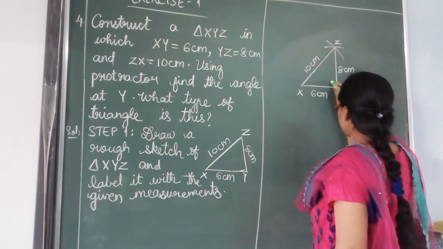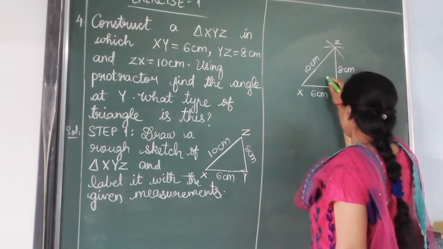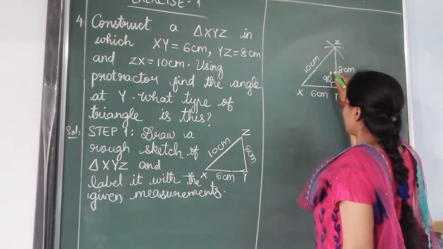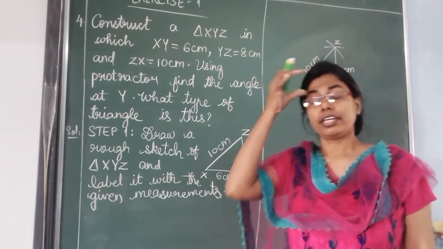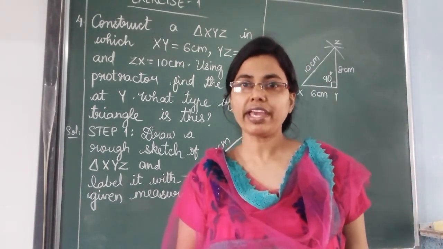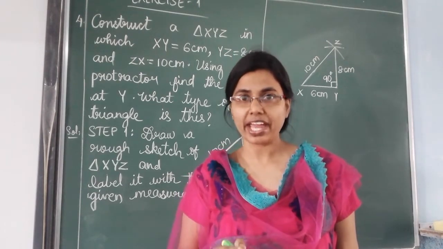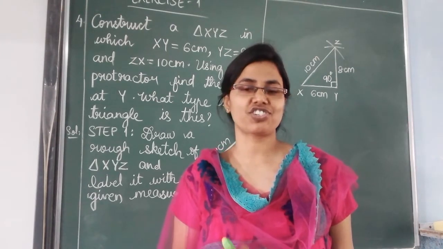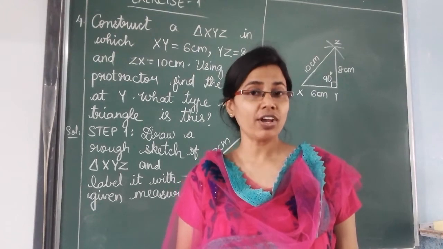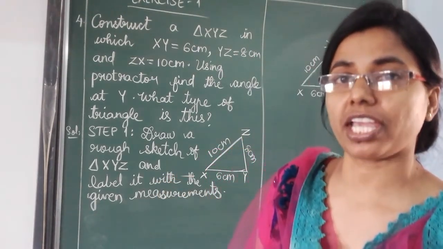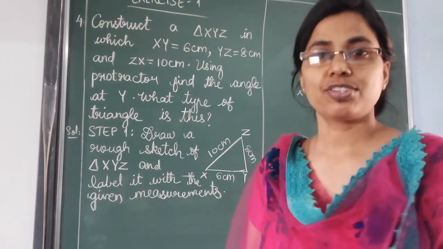You can see that angle Y is 90 degrees. In a triangle, if one angle is 90 degrees, you know that it is a right angled triangle. So the triangle that we have obtained is a right angled triangle.